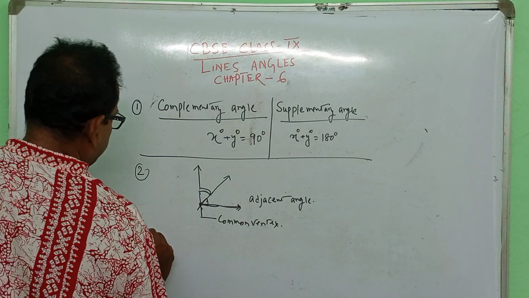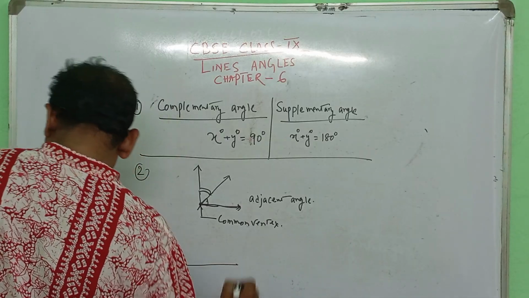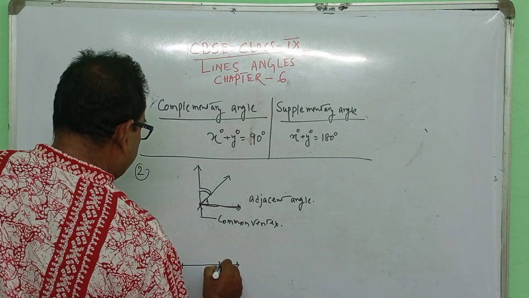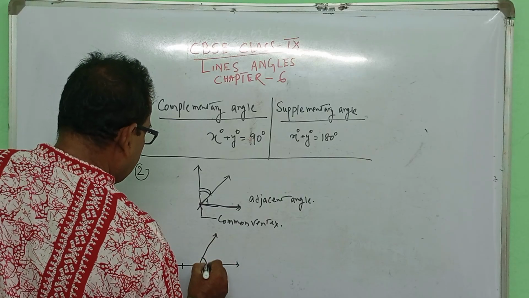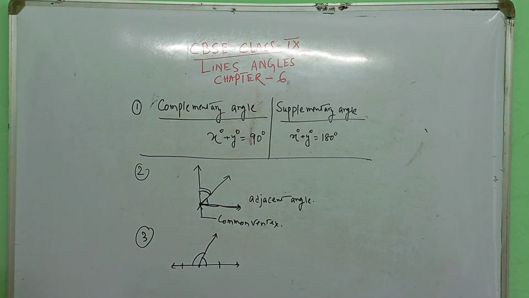But see that if we draw a line and this is the common vertex also, okay.